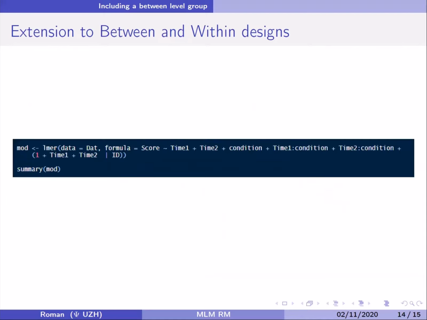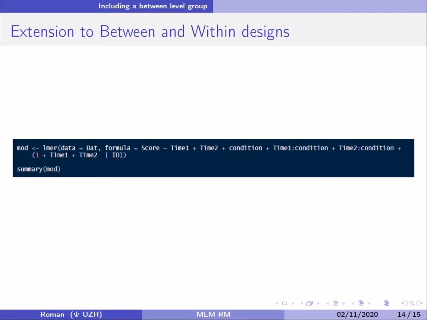Now, the only big difference here is that we are including condition as a main effect. So for our model formula here in R, we have the DV score predicted by time 1, the initial slope, time 2, the post-intervention slope, the condition variable, which is either a control or experimental group.